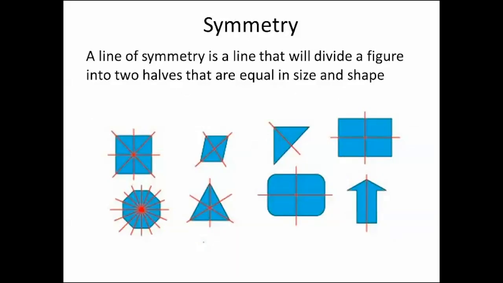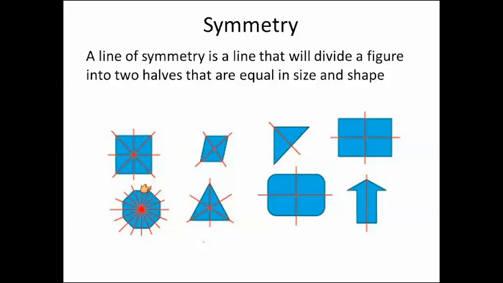So now that you know how to use the different rules of rotations, we also need to look at symmetry. When we have a figure, sometimes we can divide it in half so that one side is exactly congruent with the other side. Some figures will only have one line of symmetry.